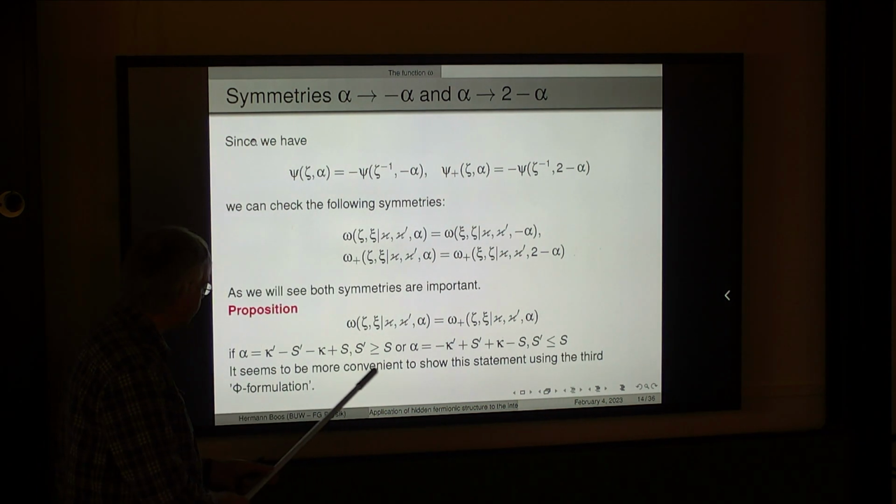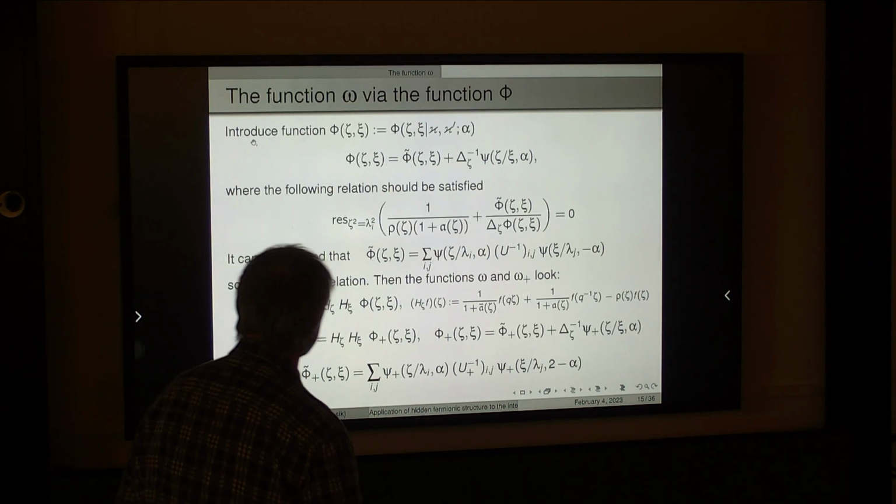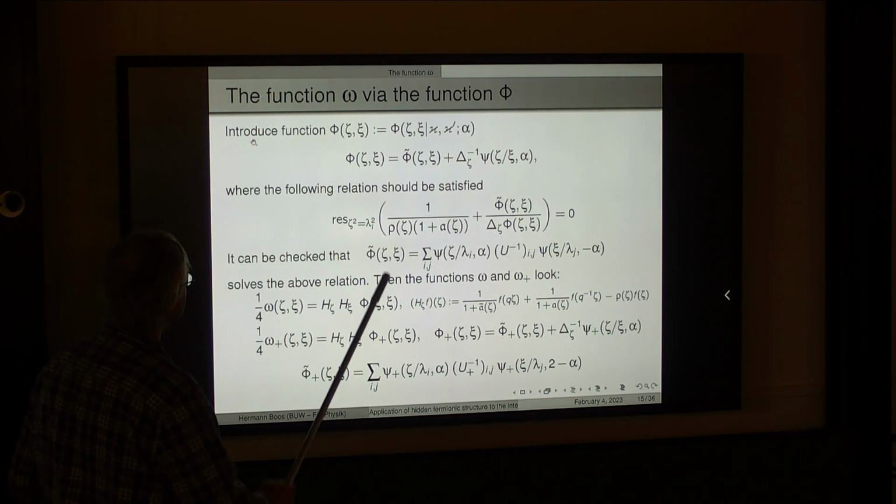It seems to me more convenient to show the statement using this third phi formulation. And here I have to be very short actually. What is phi?